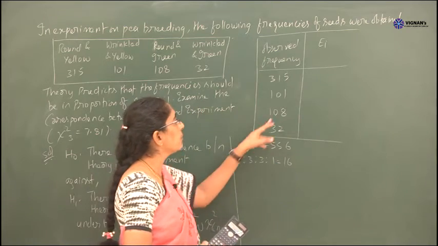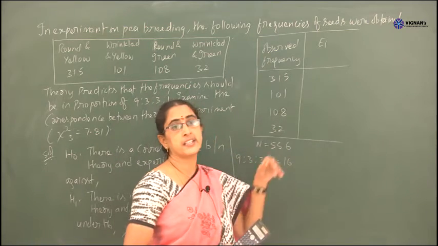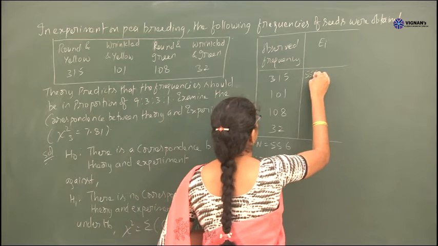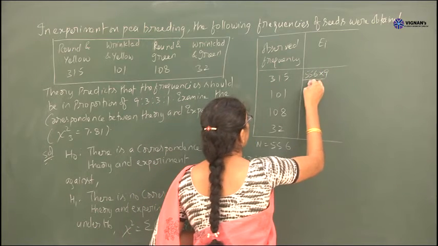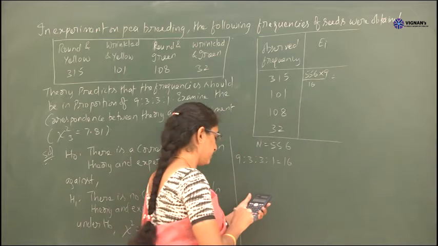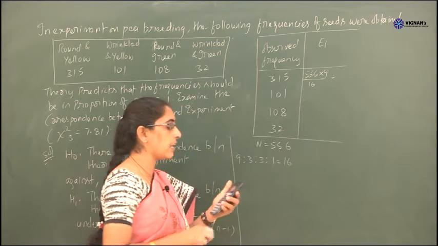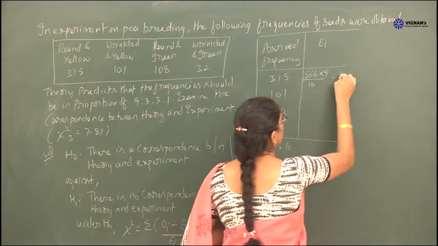Now we use this ratio for obtaining the expected frequencies. So that is 556 into 9 by 16, which is 312.75.